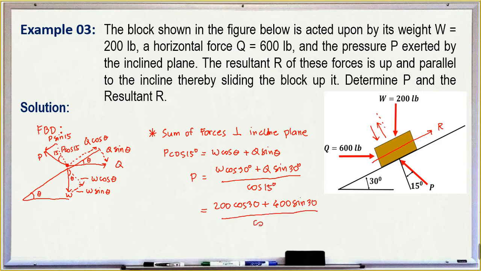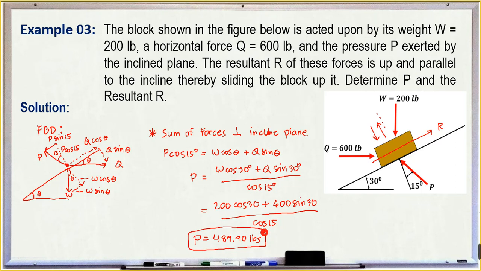Then, all over cosine of 15. Ang ato ang P is equal to 489.90 pounds. Okay, so ato ang first answer. Na tayo value sa ato ang P.